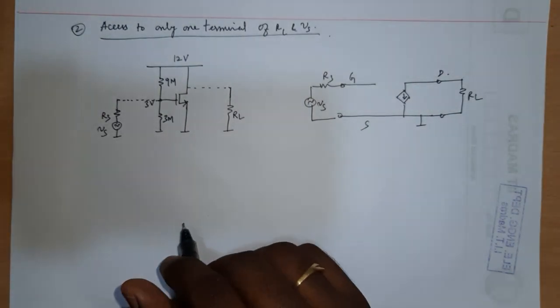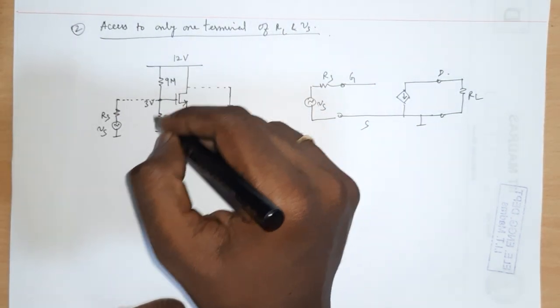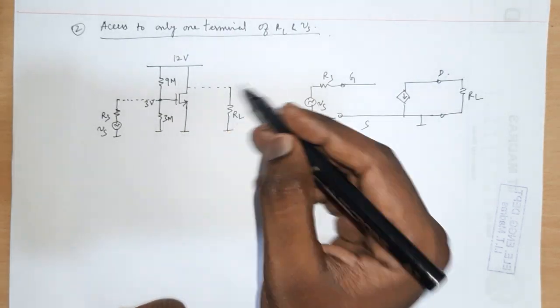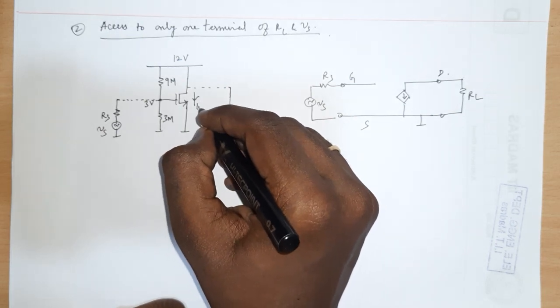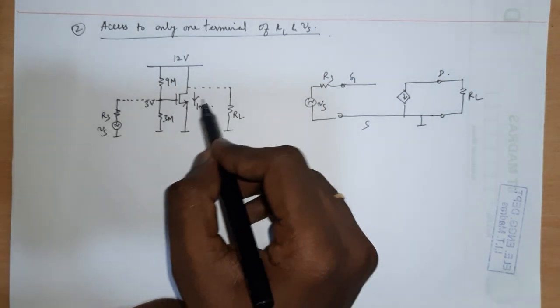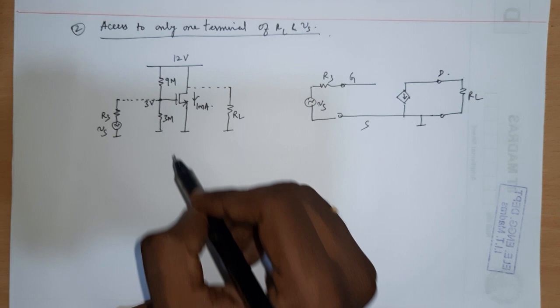So what is the problem? The problem is that I had designed my voltages and my entire DC bias point in such a way that I want a drain current ID to be 1 milliamp. Similarly, for achieving 1 milliamp, this voltage is designed to be 3 volt. That is how these resistors are chosen.